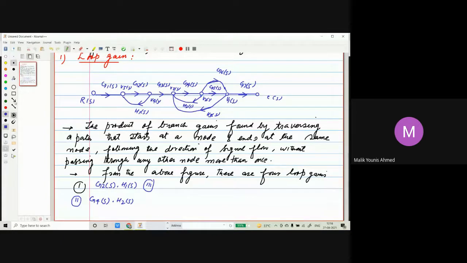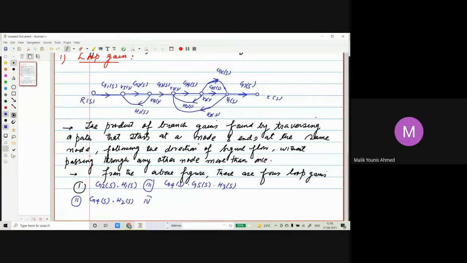Okay, this is the arrow. So the third will be G4 of S, G5 of S, and then H3 of S. That will be the third.